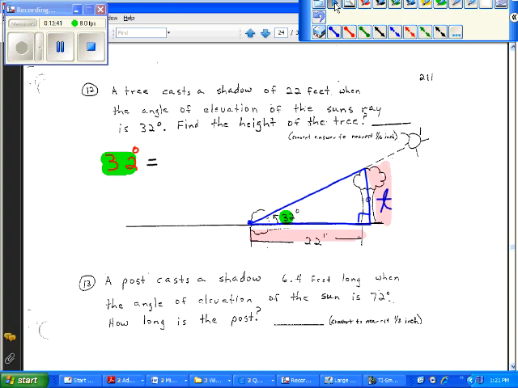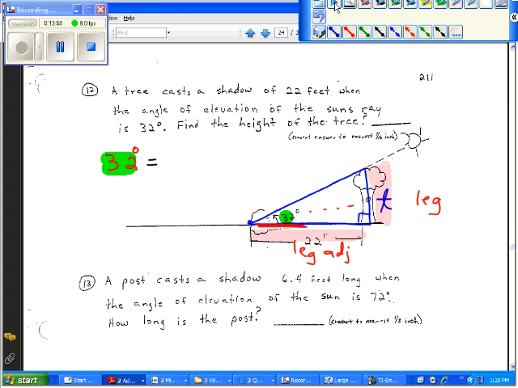So the 22 is a leg, and it's the one that helps make the 32-degree angle, so it's the leg adjacent. And the tree is a leg, and it is the leg opposite. And so we have leg opposite, leg adjacent, which is tangent, and so that tells me to use the tangent ratio.